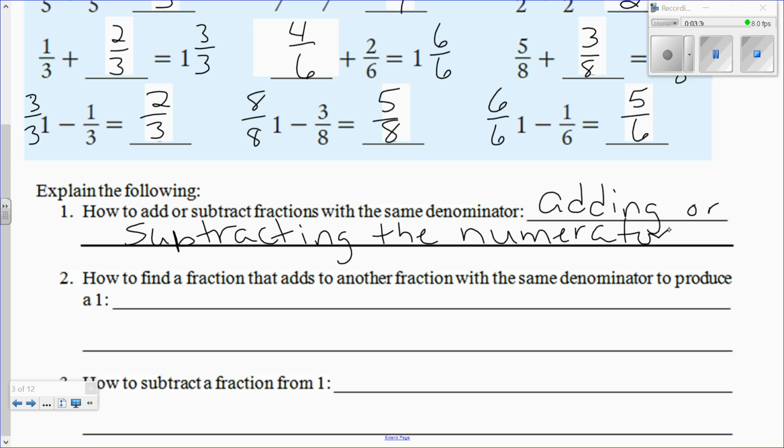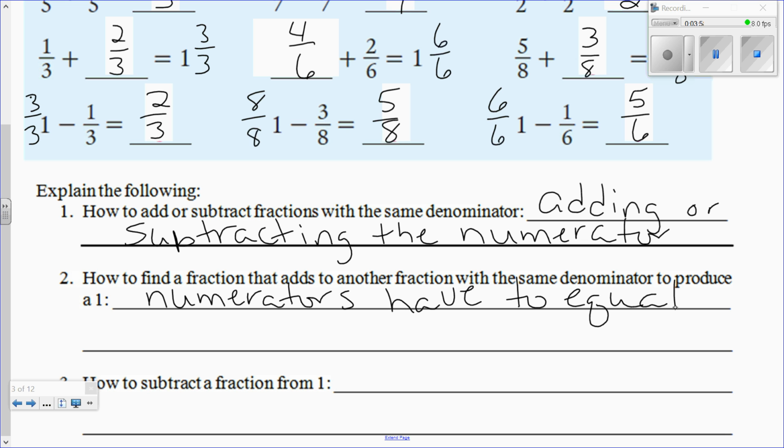How to find a fraction that adds another fraction with the same denominator to produce 1? Well, the numerators have to add up to what the denominator is. So you could write down numerator have to equal denominator.